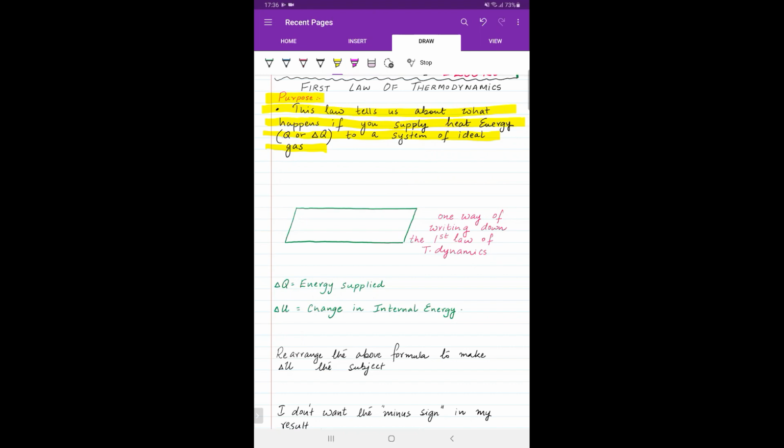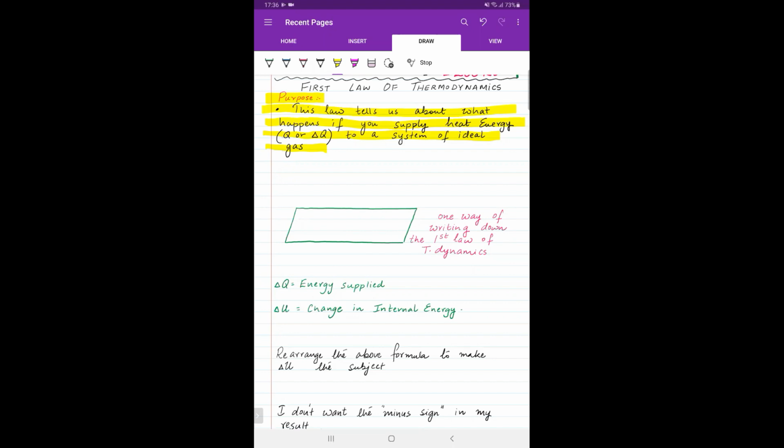To answer this question, what happens to the heat energy that you have supplied to a system of ideal gas? To answer this question, we make use of the first law of thermodynamics. Okay, so once again, the first law of thermodynamics basically refers to what happens to the heat energy that we have supplied to a system of ideal gas.